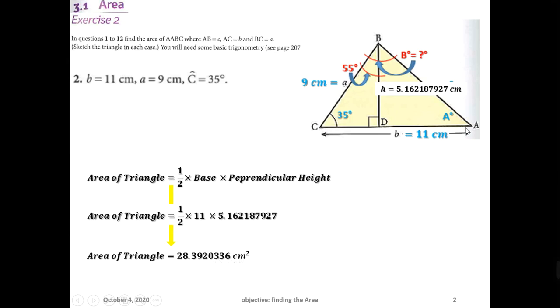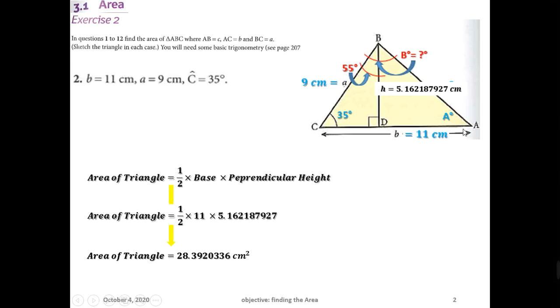So the base was given to us, the height was unknown. 35 was given to us. We found the angles that we can find based on the given angles. And then we took part of the triangle, because as you can see here, we can see 1, 2, and 3 triangles.